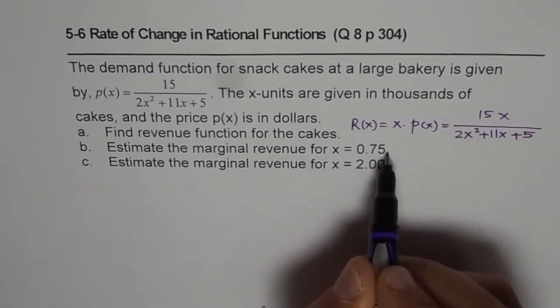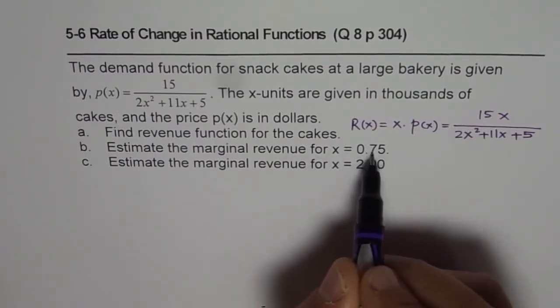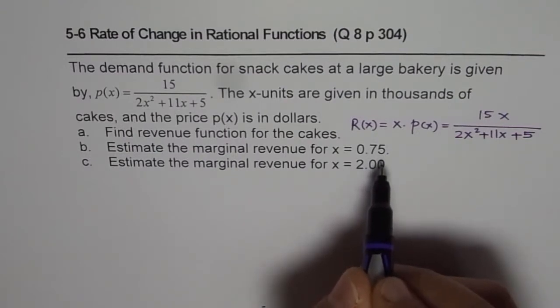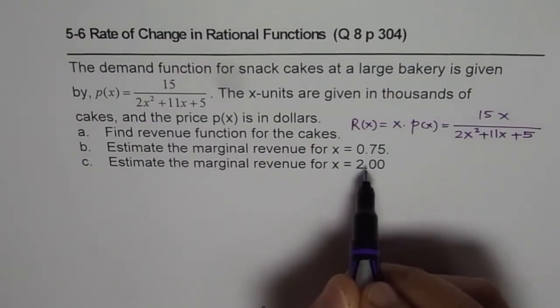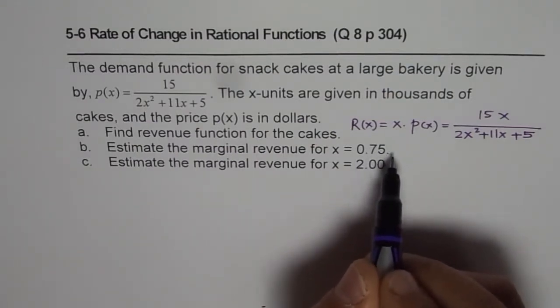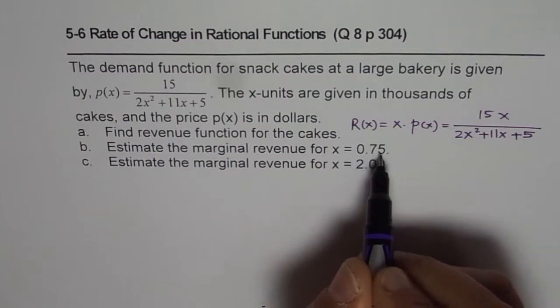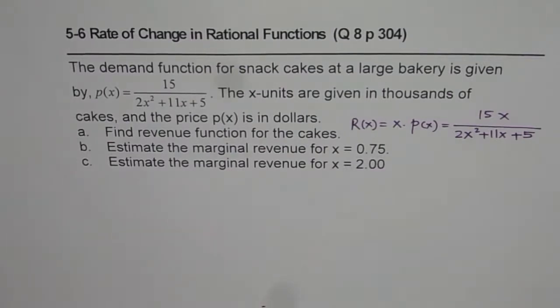This is what the marginal revenue at 0.75 means. If you get that as positive, that means you are still making some gain, and if you get negative, then it means that the revenue is declining.